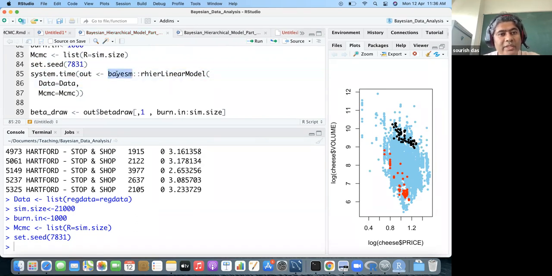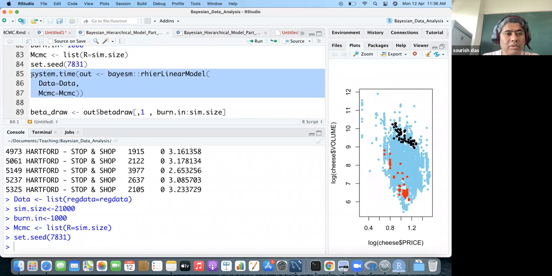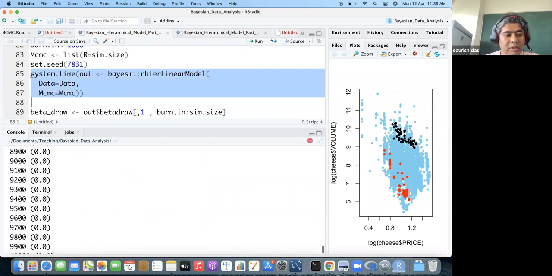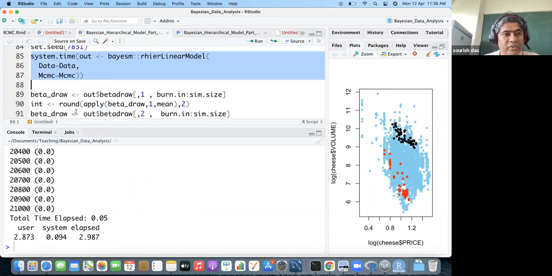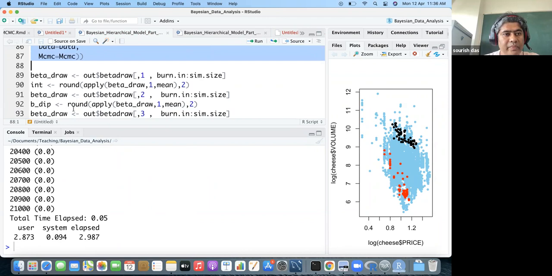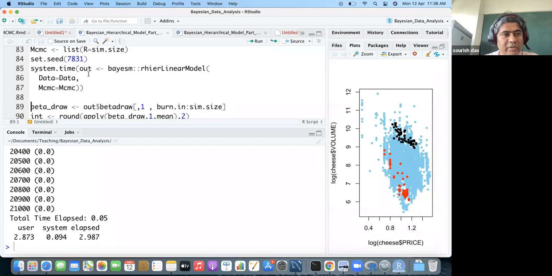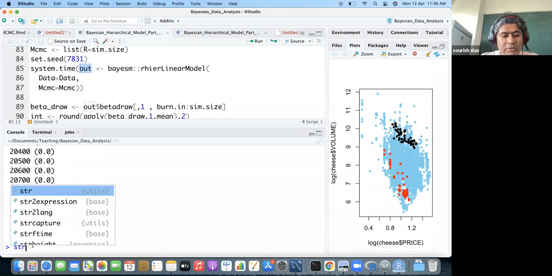From the bayesm package, I'm calling the hierarchical linear model. You have to provide the main data and the MCMC parameters. So let me just run it. It takes about 3 seconds to run the entire simulation. The first thing is it stores the output in out. So we will see what is there in the out. Structure of out.